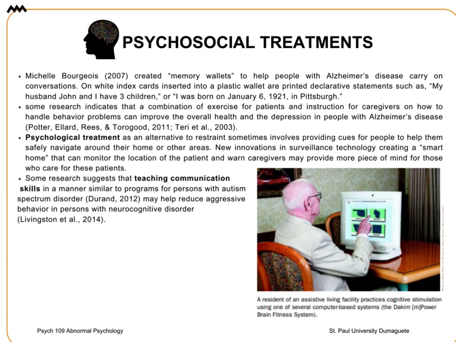And then psychosocial treatments. As you can see, this is a resident of an assisted living facility practicing cognitive stimulation using one of several computer-based systems. We have psychological treatment, teaching communication skills, similar to programs for persons with autism spectrum disorder.